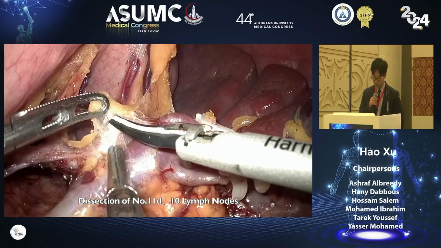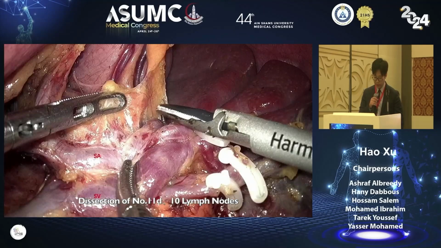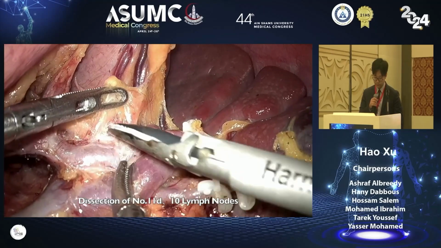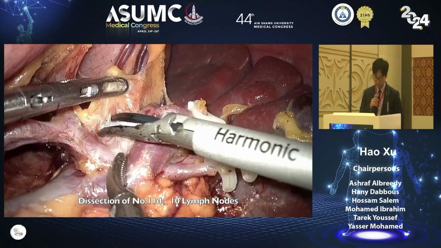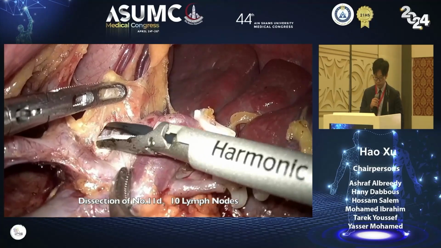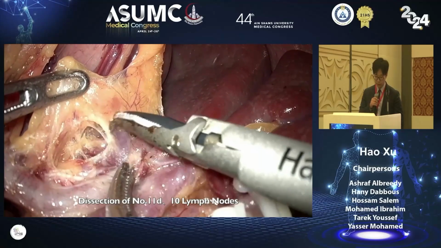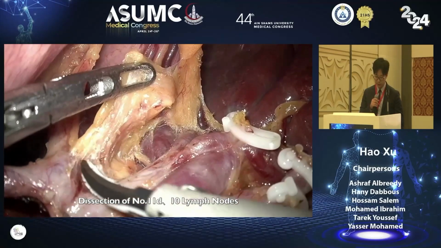We're now dissecting the number 11D lymph nodes. During the dissection, we should be very careful because it is easy for us to damage the vessels.